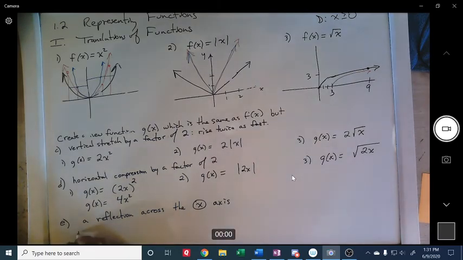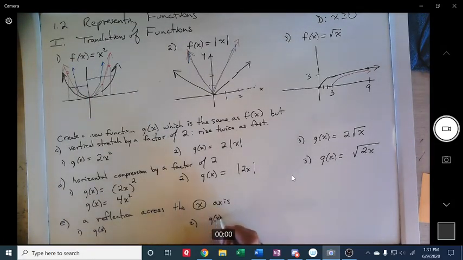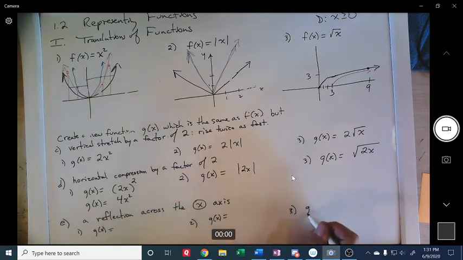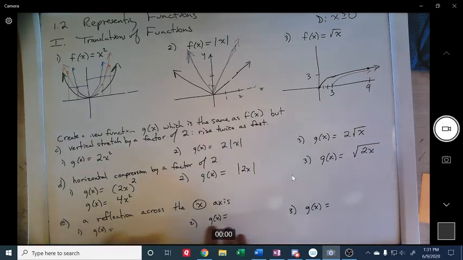What would the new equation be in each case if we reflected the first function across the x-axis? So I'll give you a minute to either catch up with your notes or to make a quick guess as to what we're going to get in each of these cases.